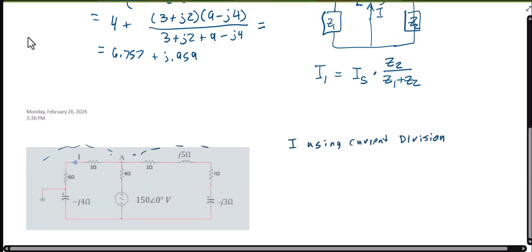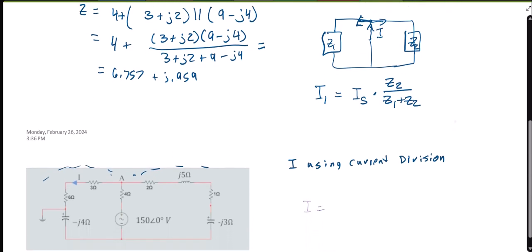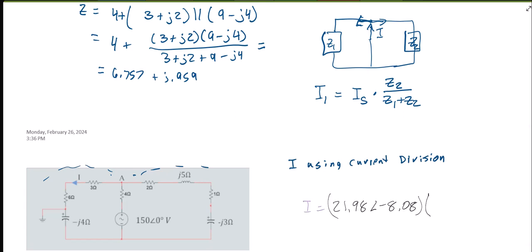Okay, so I equals our source current, which was 21.98 angle negative 8.08, times, and we're looking for I on this side, so the impedance on the other side is 2 plus J5 plus 1 minus J3, so that's 3 plus J2, over the sum of the two impedances, which would be this 3 plus J2 plus the stuff over here.